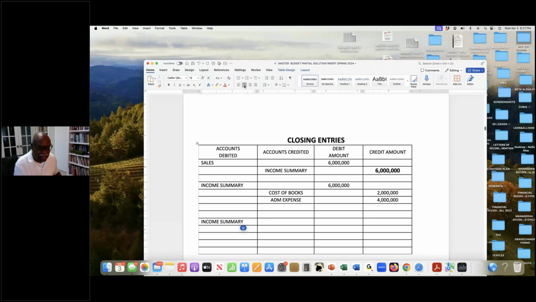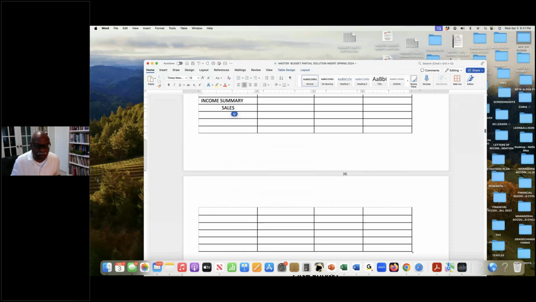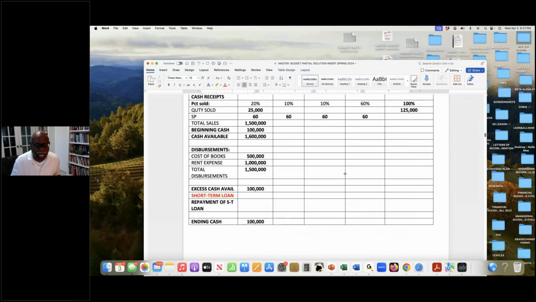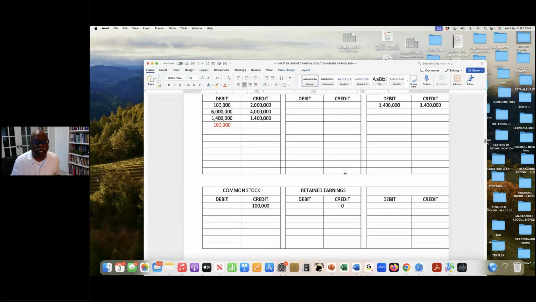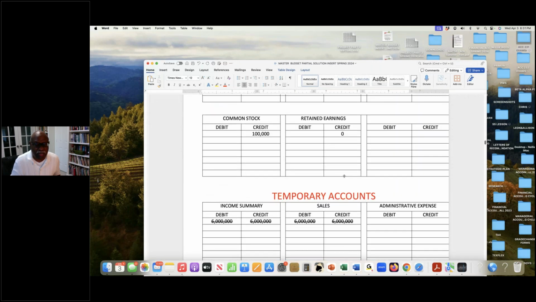You have to calculate that amount. You will have these T accounts to work with, and I'm going to save this and send it to you.